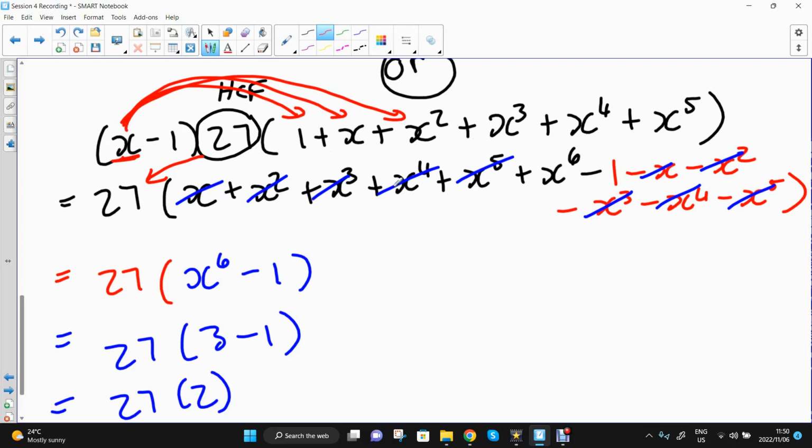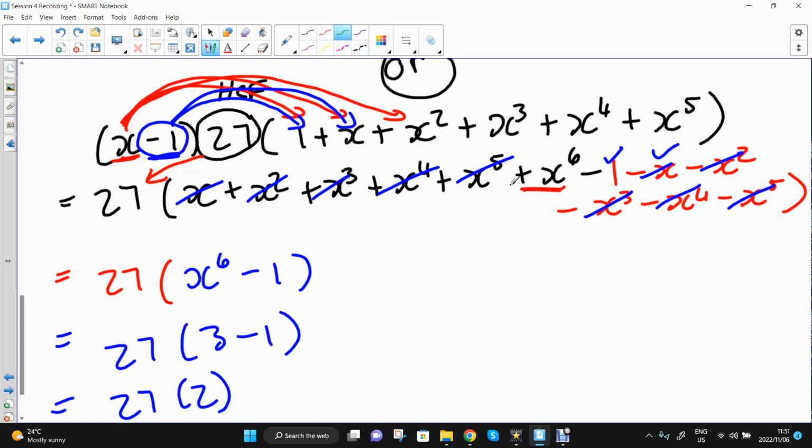And I did that for all of them up to x to the power 6. Then you take the next number in this term, which is negative 1. And then you start timesing that into this bracket. So negative 1 times 1 is negative 1. Negative 1 times x is negative x. And I did that for all of them.